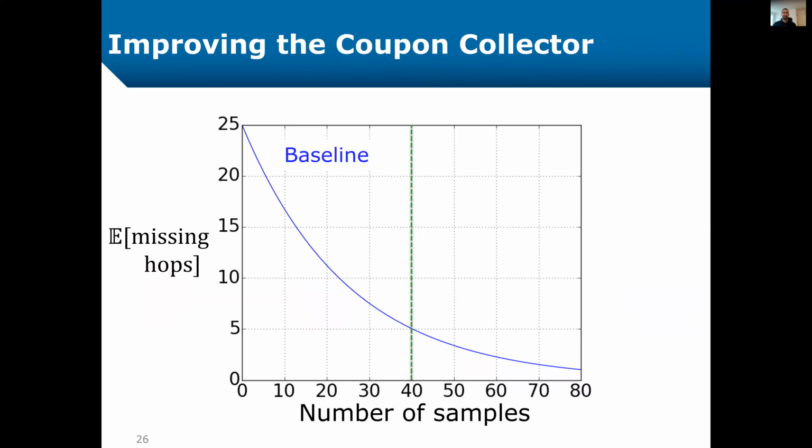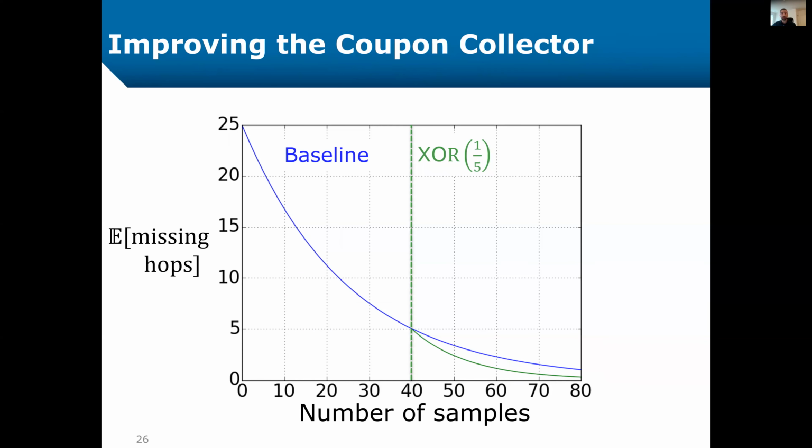So if we go back to this figure, and this is going to be just an intuition, but think of what would happen if after these 40 packets, we switch from the baseline to the XOR algorithm, and we set the sampling probability to be 1/5, 1 over the expected number of missing hops. Then we're going to be more likely to hit new information with each packet, and we're going to get a speedup compared to the baseline.